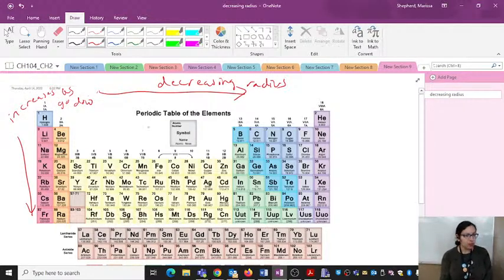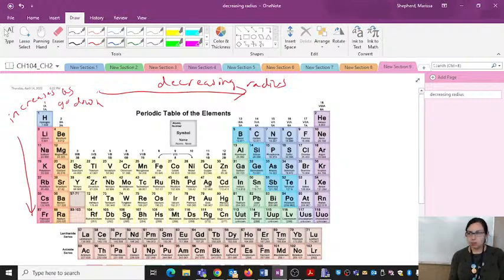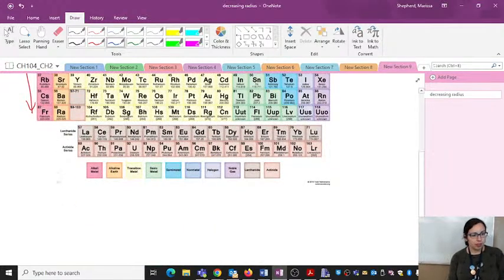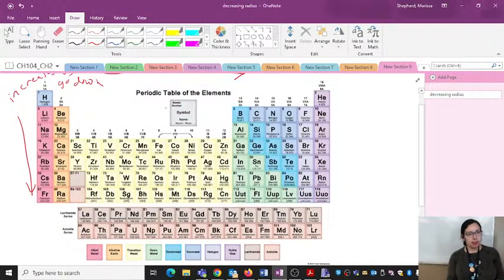And then you also need to know ionization energy. It's basically energy needed to remove an electron. And so that increases as you go across because you're filling up your shell.